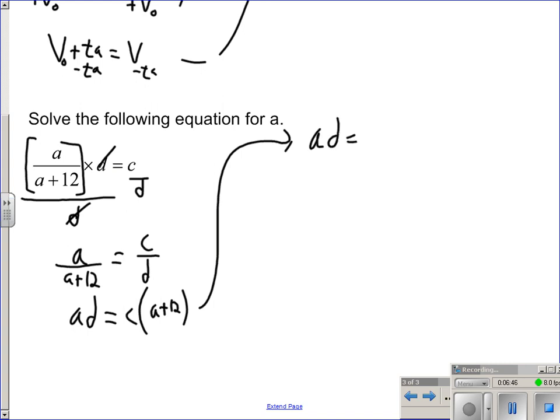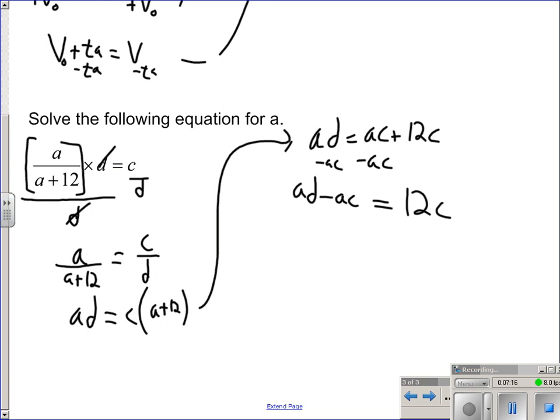AD equals a times c plus 12c. Again, we have two terms with a in them. If we're going to solve for a, we need to be down to one term. So this one's a little bit strange, but I'm going to subtract this AC from both sides. Now, AD and AC are not like terms, so we just have to keep them separate. We're left with the 12c on the right side of the equal sign.